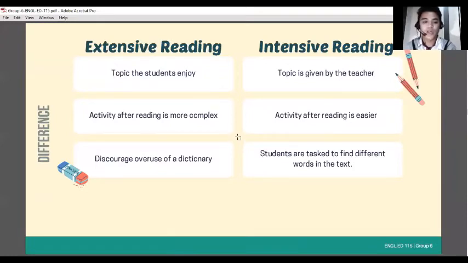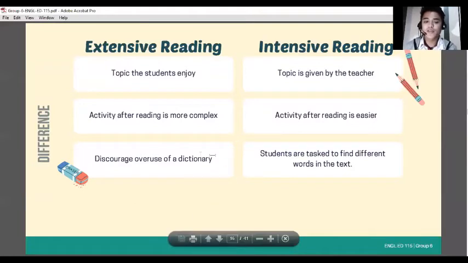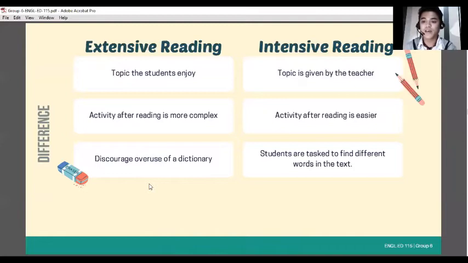In extensive reading, lastly, it discourages overuse of the dictionary because it's just for basic understanding of the story or the text, novel, or such. Unlike with intensive reading, students are encouraged to use the dictionary to find different words and text that they are not understanding.